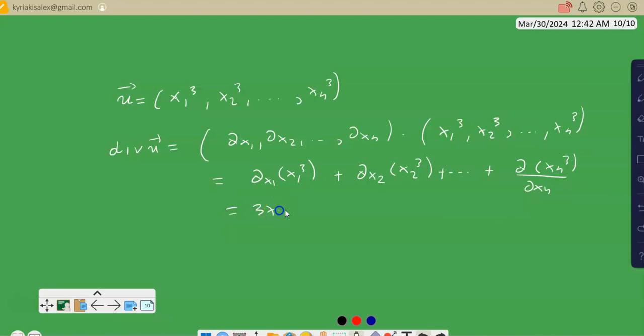This is 3x1 squared plus 3x2 squared plus up to 3xn squared.